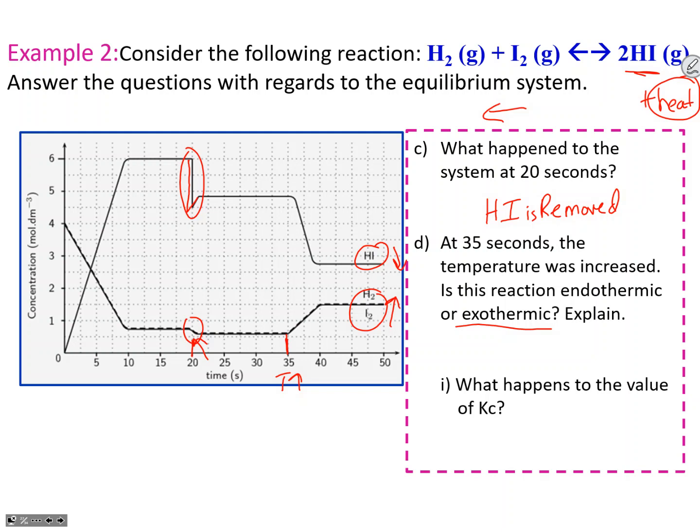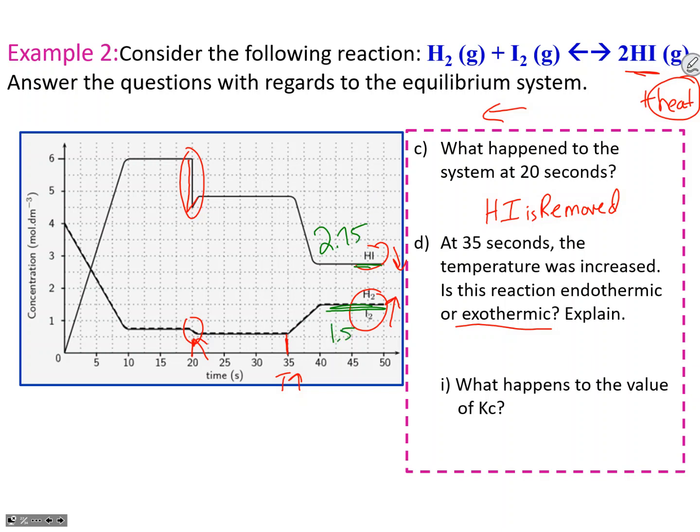And what happens to our K value here? You see here the HI and the reactants, it's narrowing. So you could actually calculate it if you want to. You don't have to. This is like 2.75 there, and then up here it's a 1.5.